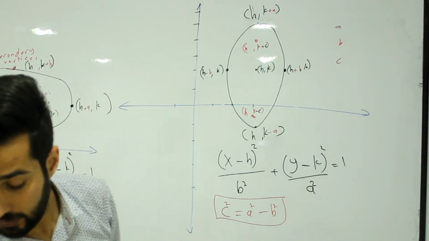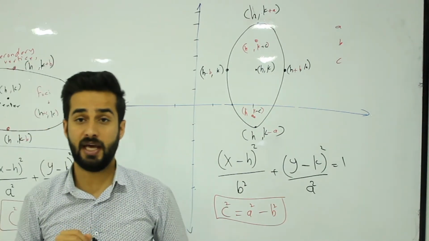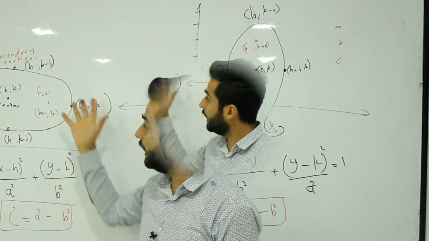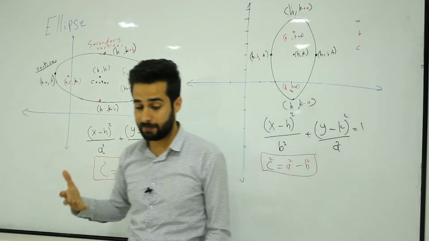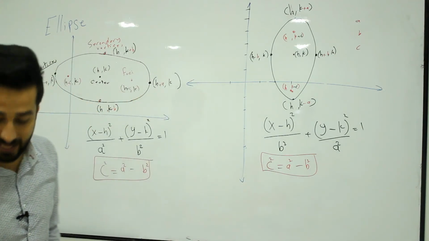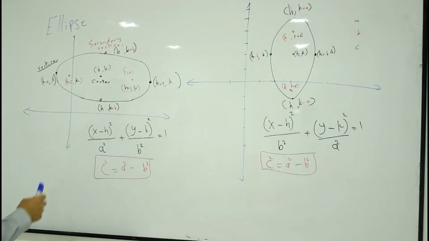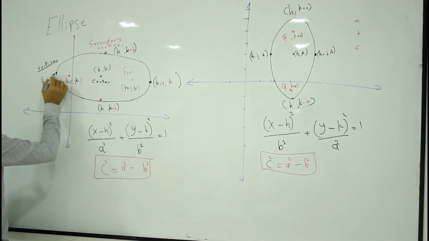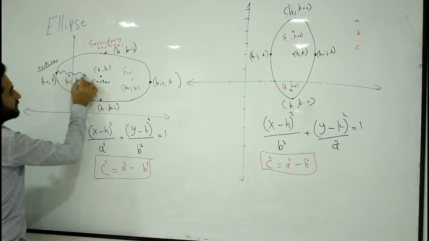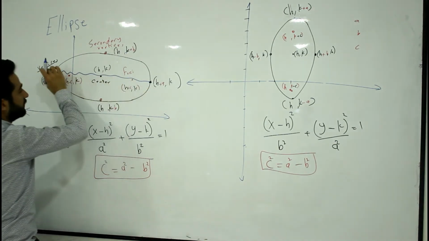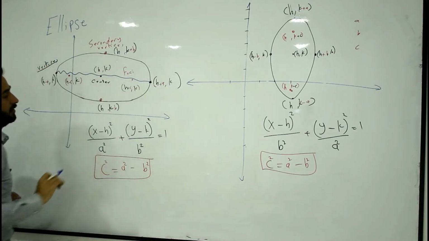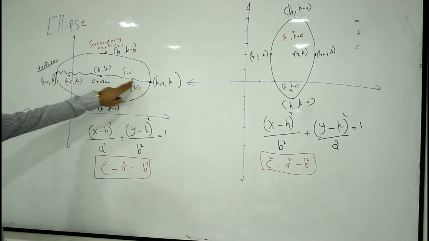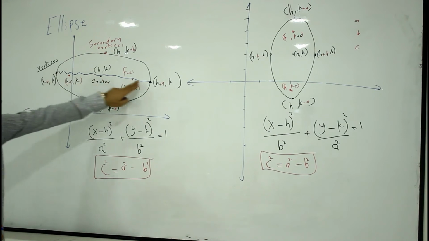Guys, one more thing we have in an egg or ellipse, let's say. An ellipse looks like an egg, but this is 2D, an egg is 3D. The distance from here to here, look, I mark it like this. This is the distance between this point and this point.